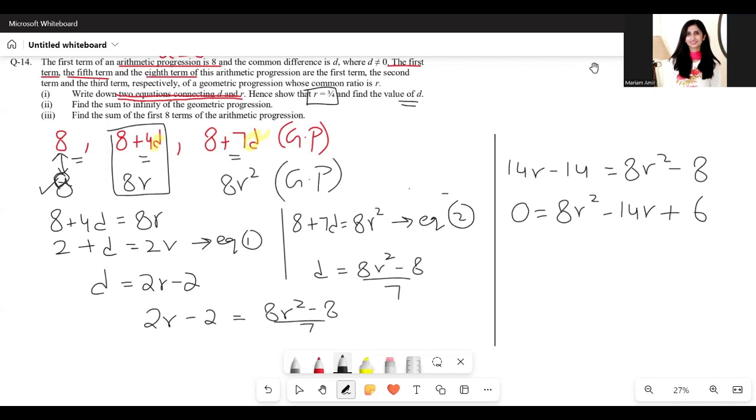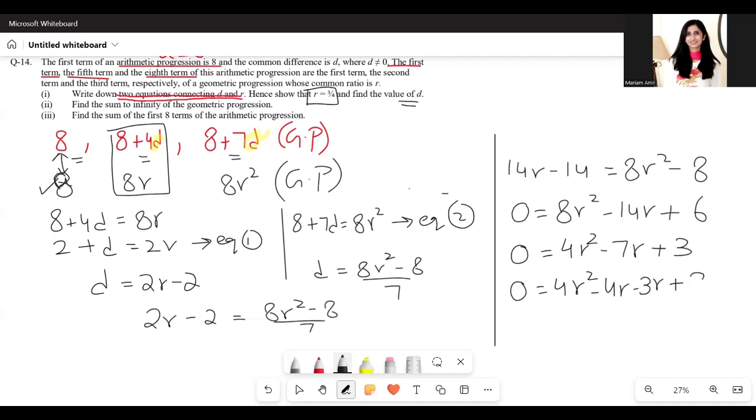You can even divide both sides by 2. If we do that, we get 4R squared minus 7R plus 3. Solve this using either factorization or the quadratic formula. Whatever you do, you must show your working. If we're doing factorization, this is going to be minus 4R minus 3R.